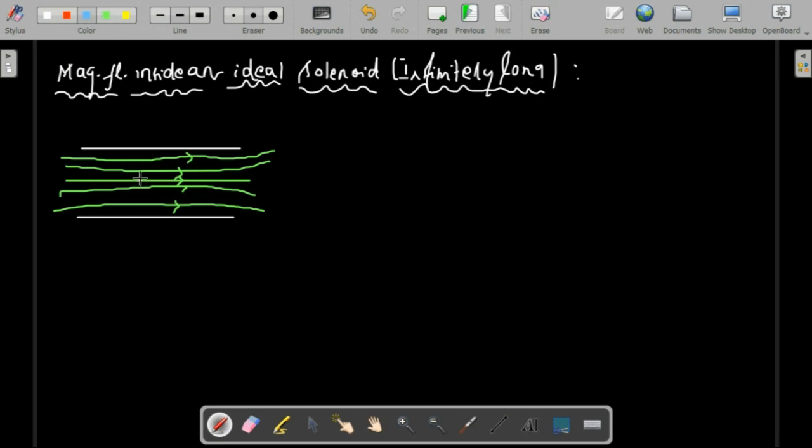Now I want to use Ampere's circuital law to find the magnetic field. For that, I can simply consider a small part of this. Let's consider this is my Amperian loop. Okay, so this is my Amperian loop.